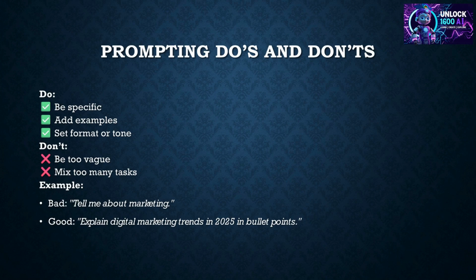If you are a coder or Python developer or Java developer, then make sure you write that behave like a Java developer, or act like a Java or Python developer, and provide me this code in a structured and more professional way, right? So this is the way of prompting where you are providing more specific information.